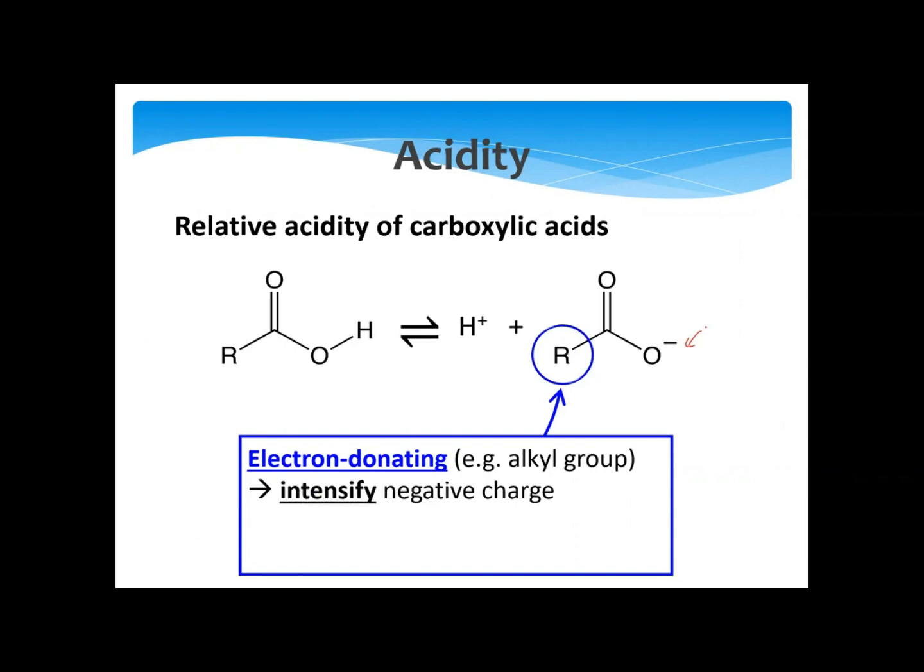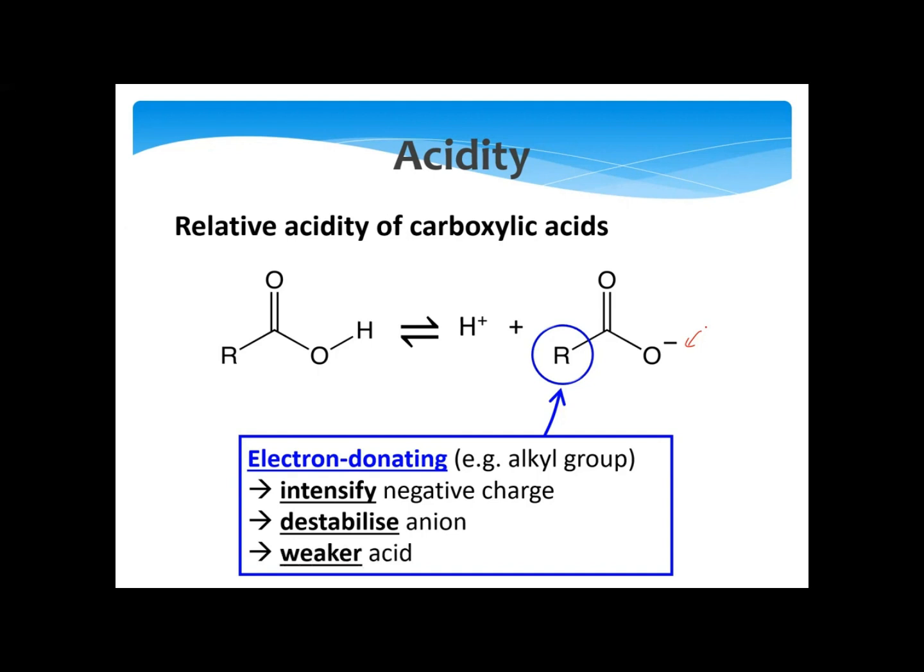Essentially it's donating electron density to the COO minus group, and as a result, the negative charge cannot spread out. So we say that this intensifies the negative charge. When negative charge is intensified, will it stabilize or destabilize the carboxylate anion? Of course, it will destabilize the anion. And when the anion is less stable, the acid will be weaker.